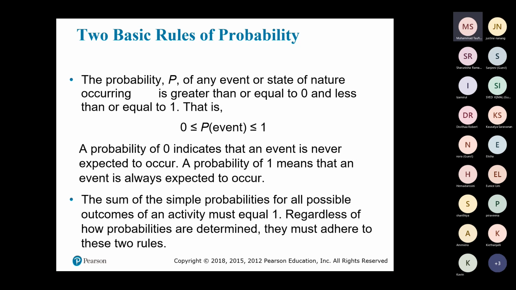The third outcome is you go to the shop, but the thing that you want to buy is not there. It is finished, and you go back empty-handed, for example.